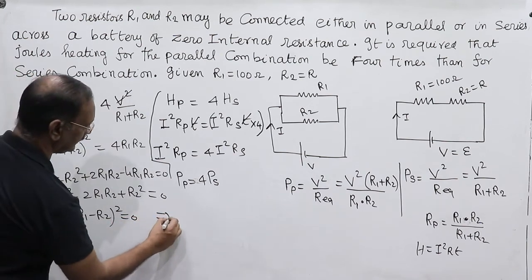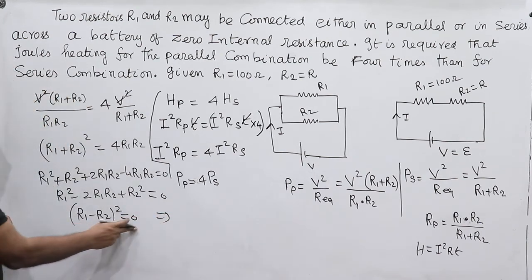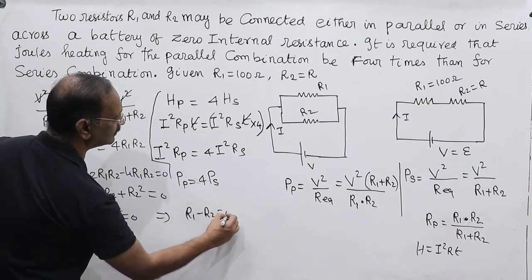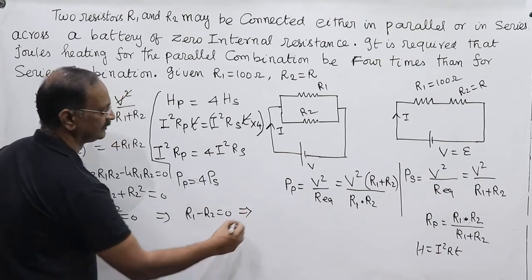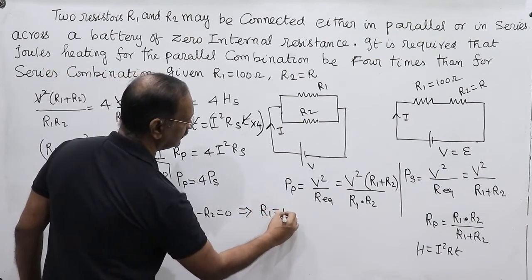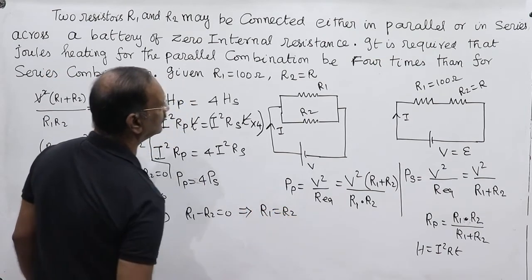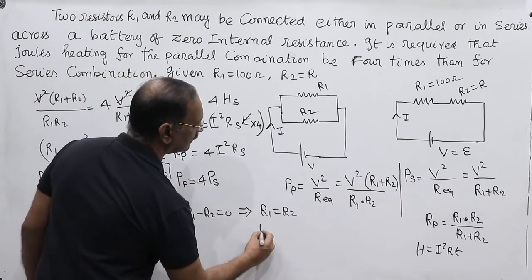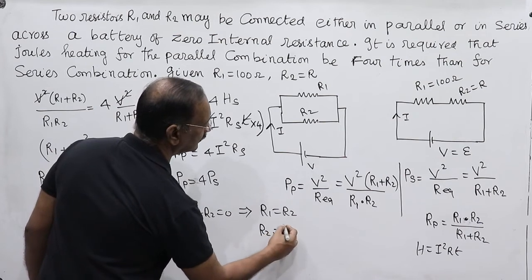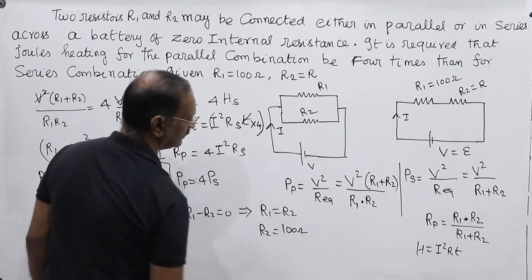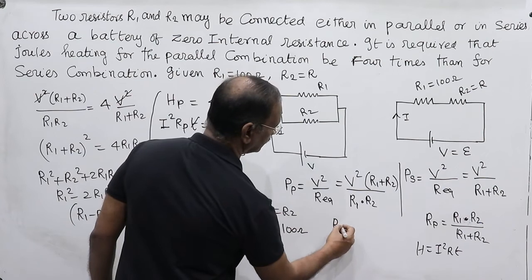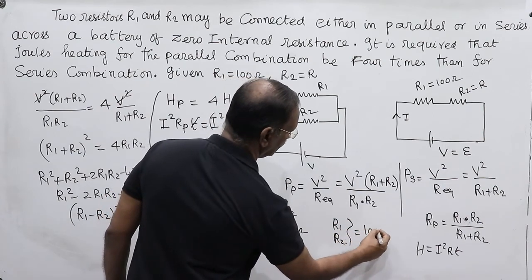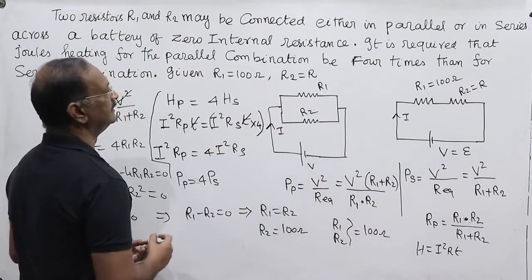Taking square root on both sides, R1 minus R2 is equal to 0. That implies R1 is equal to R2. Since R1 is given as 100 ohm, R2 is equal to R1, that is 100 ohm. So in this condition, R1 and R2 both are 100 ohm.